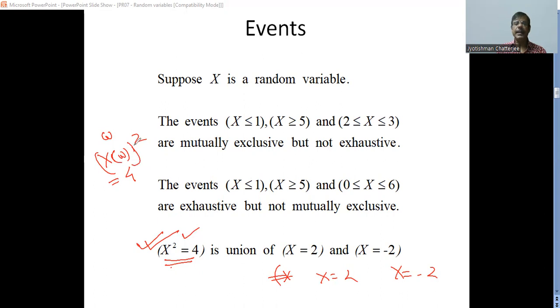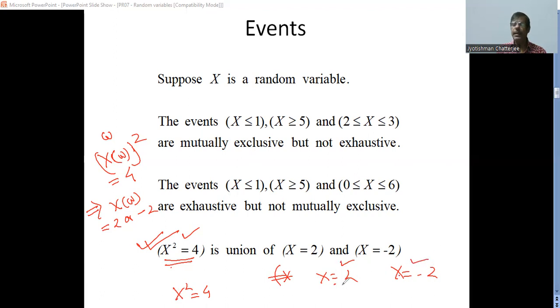Now, if that thing happens, then you can say that X value must be equal to 2 or -2. That's what we are writing here. That means X square equal to 4 implies either this or this. Either this thing happens or this thing happens.